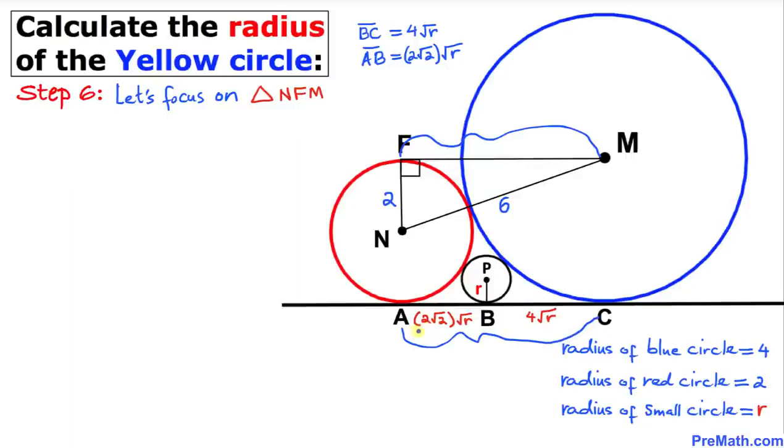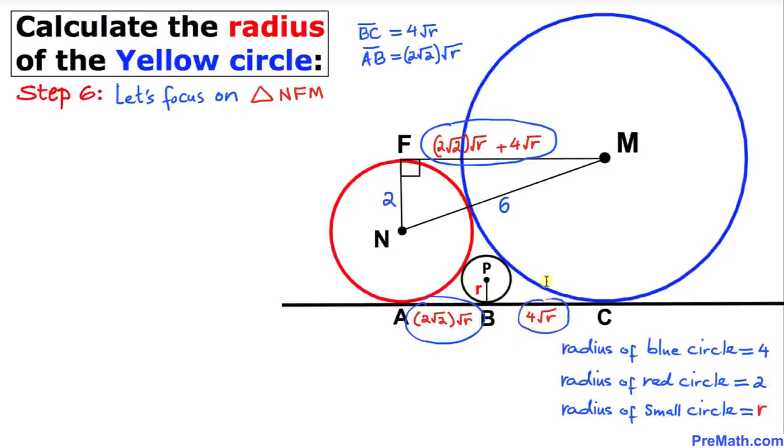That means AC is simply AB plus BC. That means we can add these two quantities up. So therefore this side is the sum of these two individual lengths. And this could be written in terms of this one if we factor out square root of r outside.